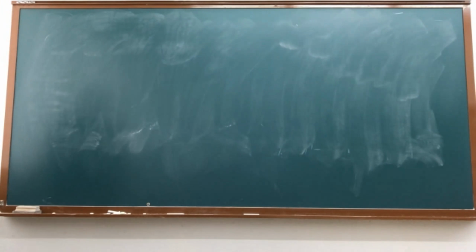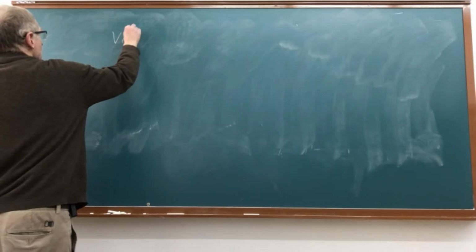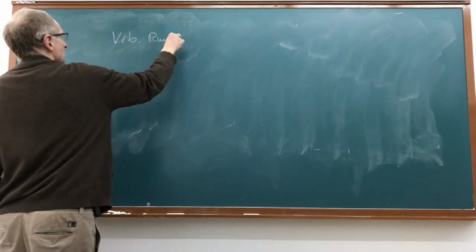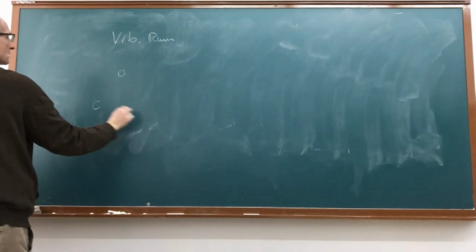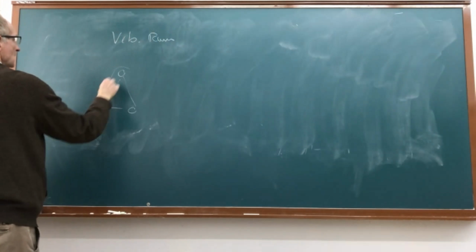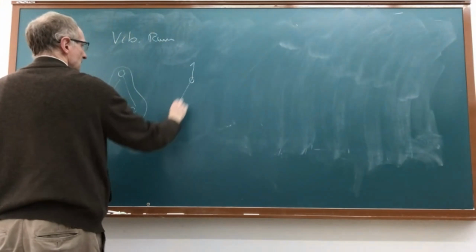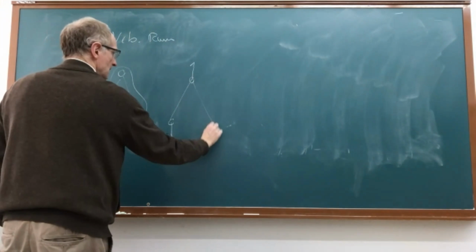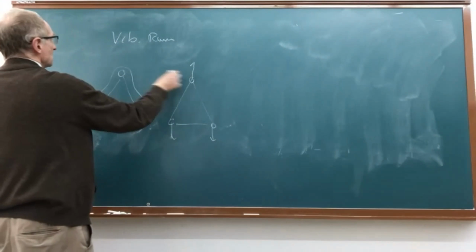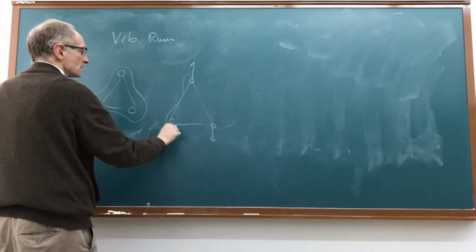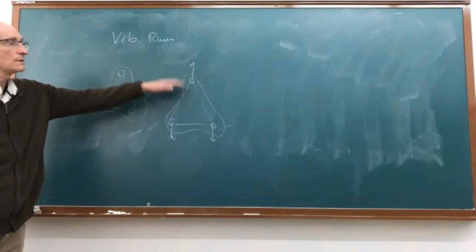Now, what's the idea of the vibrational Raman? Well, it's very similar. You have your molecule. This is the cloud. If this thing vibrates, this goes like this, and this goes like this. The electrons follow instantaneously, and the cloud is deformed.